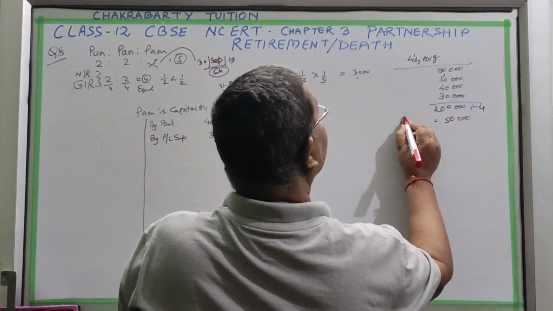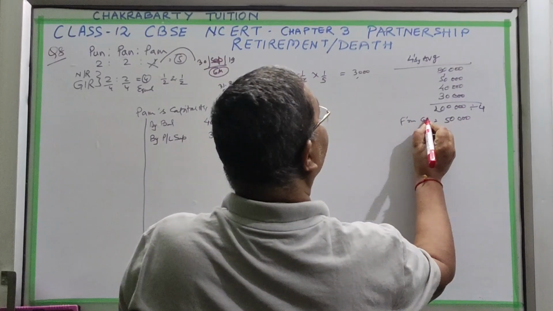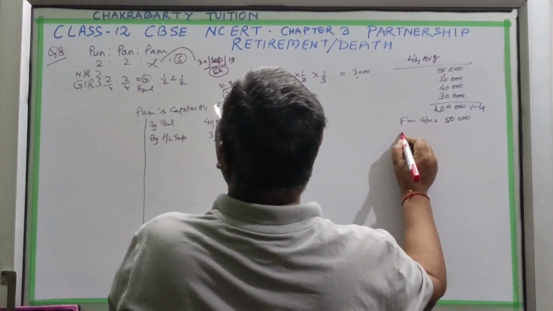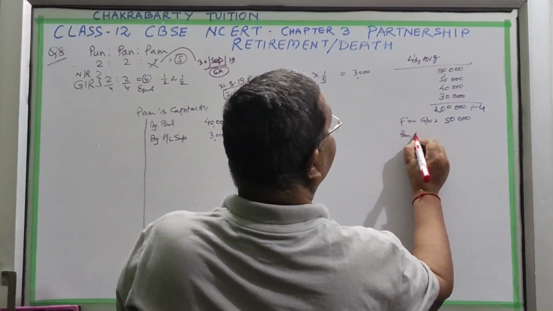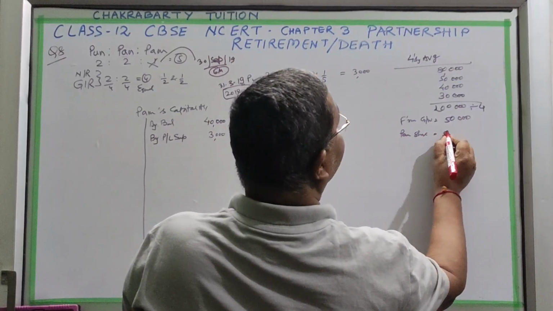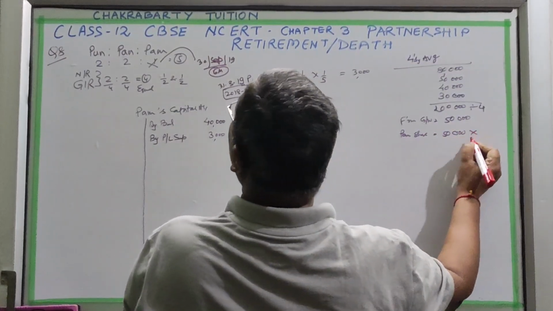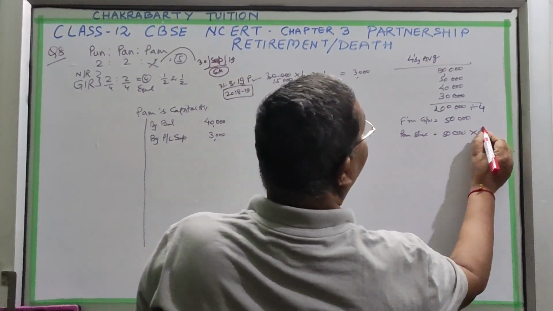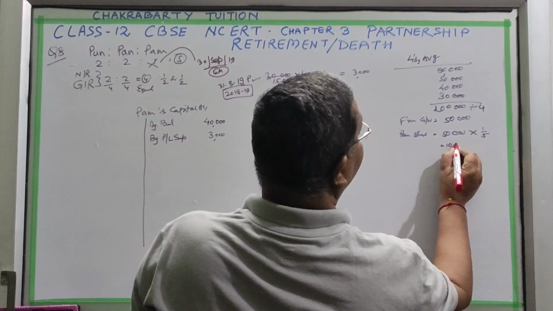Pammi's share will be 50,000 into 1/5, so 10,000 he will get.